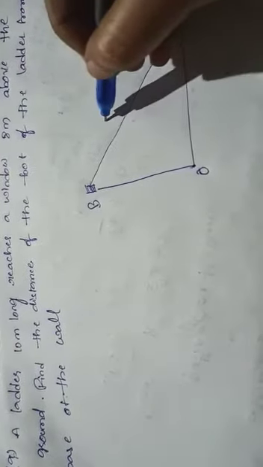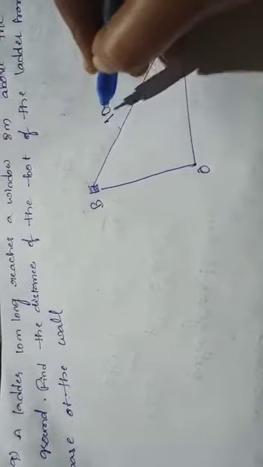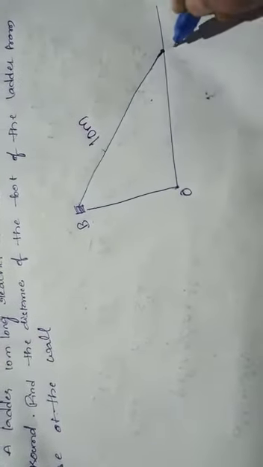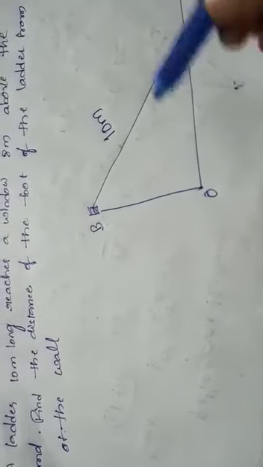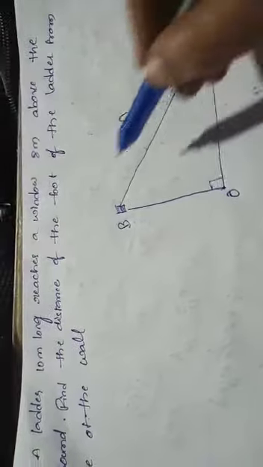Okay. The length of the ladder is given as 10 meters. Let this point be C. See here we get one right angle triangle. Okay, this is the right angle triangle.